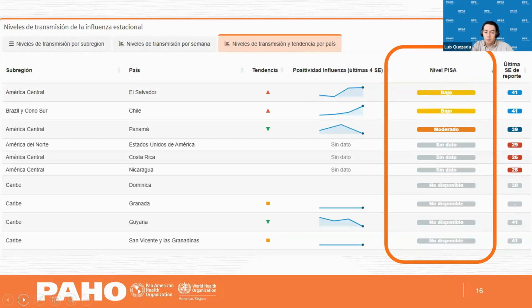By using the same section of transmission levels, we can observe that the third sheet here lets us see both variables. So we can observe a trend and we can observe the PISA level that we have had over the last week.